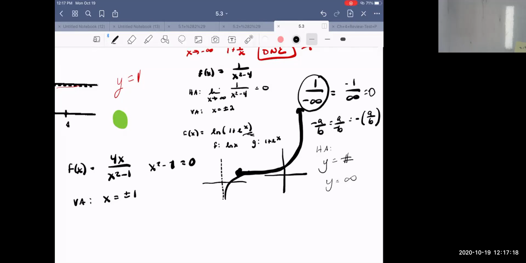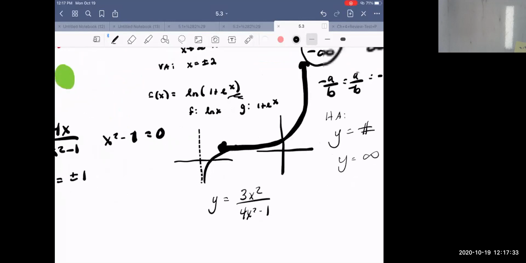Right, because what that's telling you is that whatever the function is, let's just say y is equal to 3x squared over 4x squared minus 1. The degree of the top is equal to the degree of the denominator, so we know we're going to have a horizontal asymptote at 3/4, right?